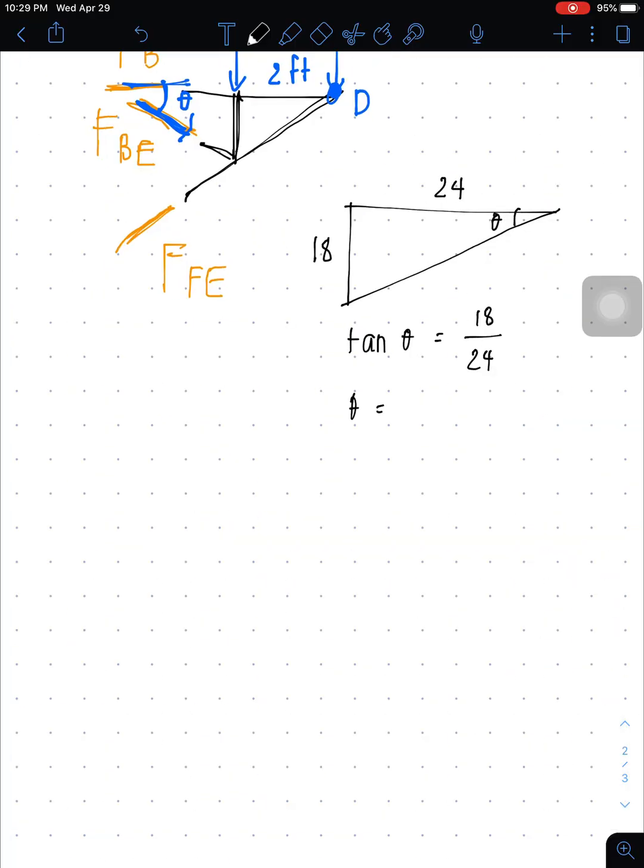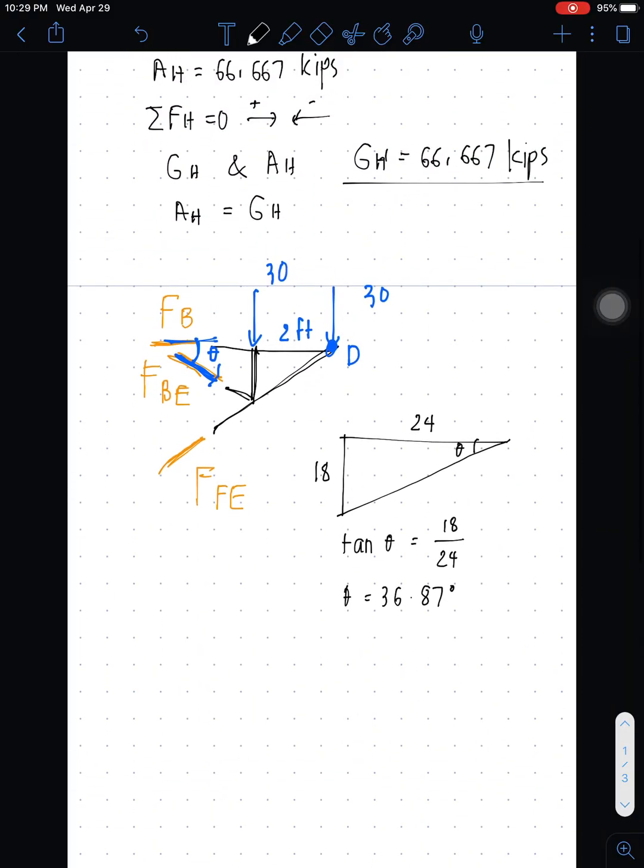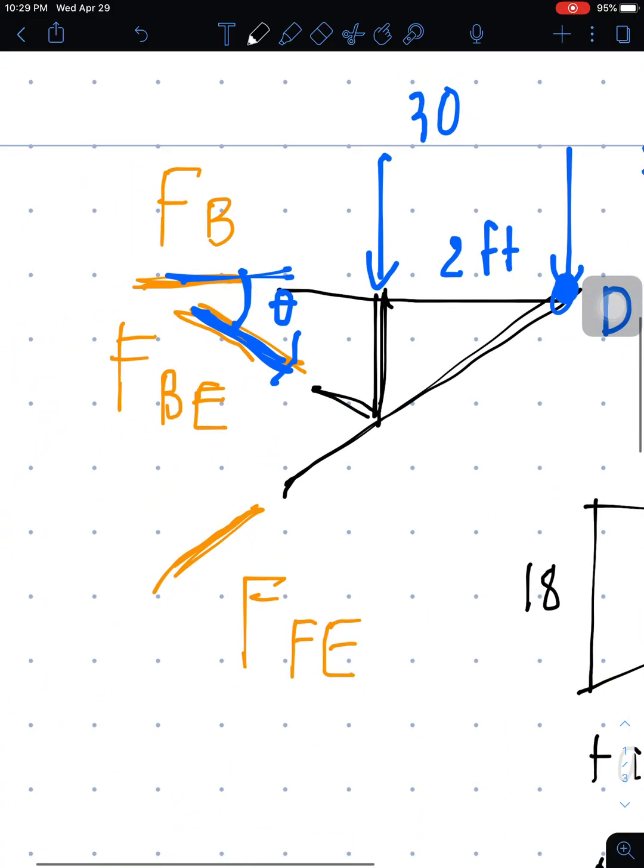So theta is arctangent of 18 over 24, 36.87 degrees.